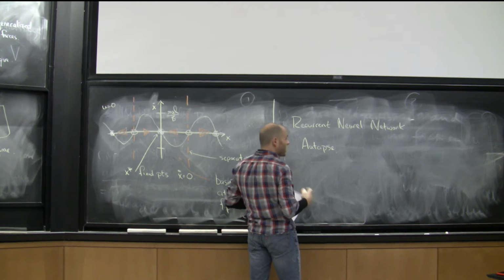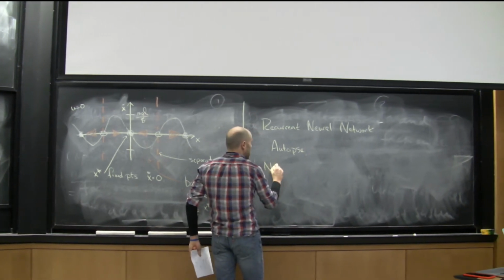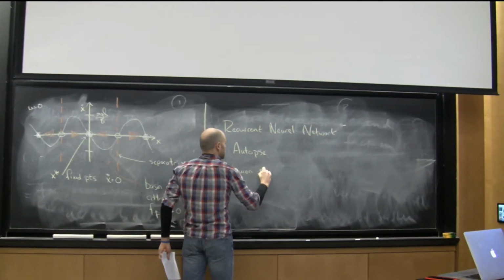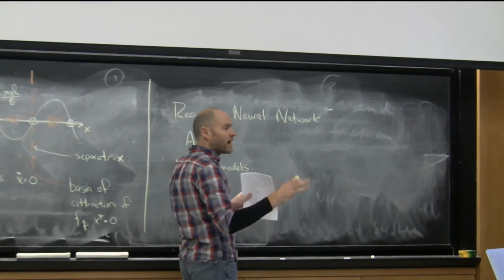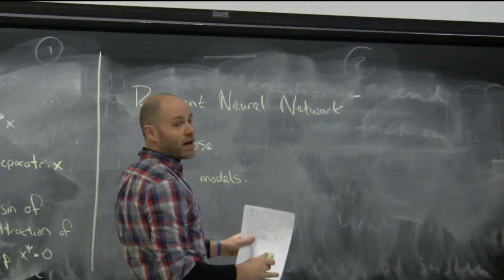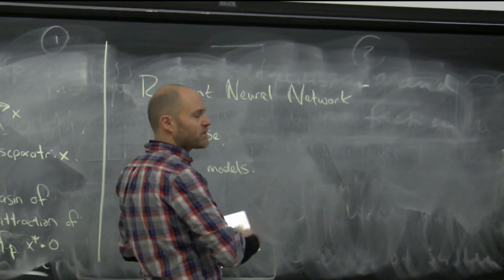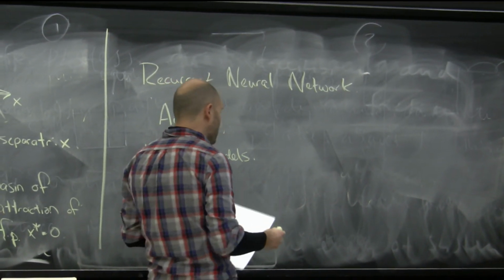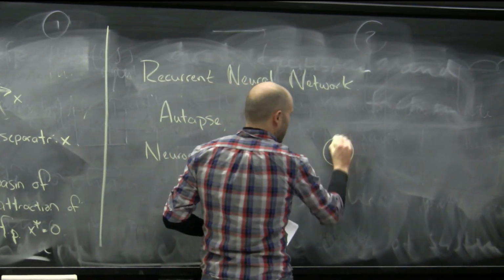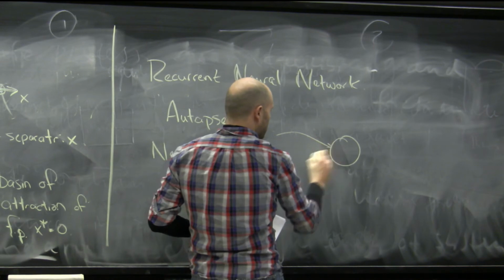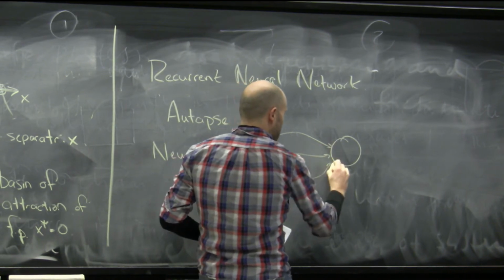Okay, so the system is called the autapse. The standard neuron models, there's all kinds of levels of detail of computational models for neurons. Some of them are spiking, some of them are just sort of firing rate based. We'll use one of the simpler ones here. But a canonical neural network model would be that I've got a bunch of inputs coming into a neuron.